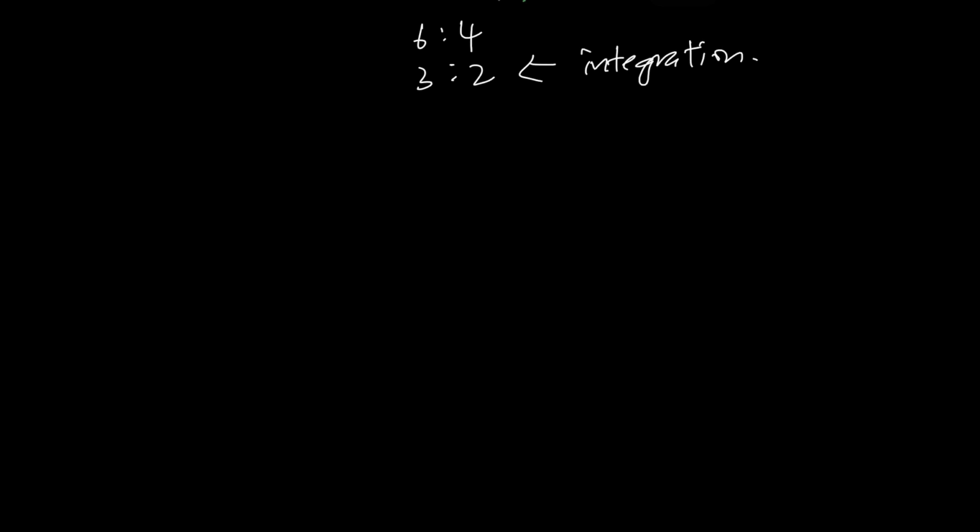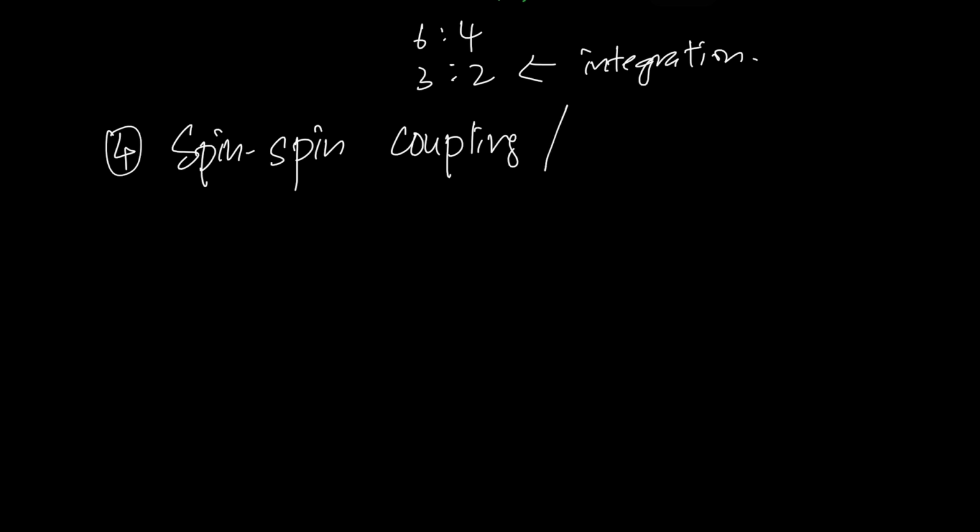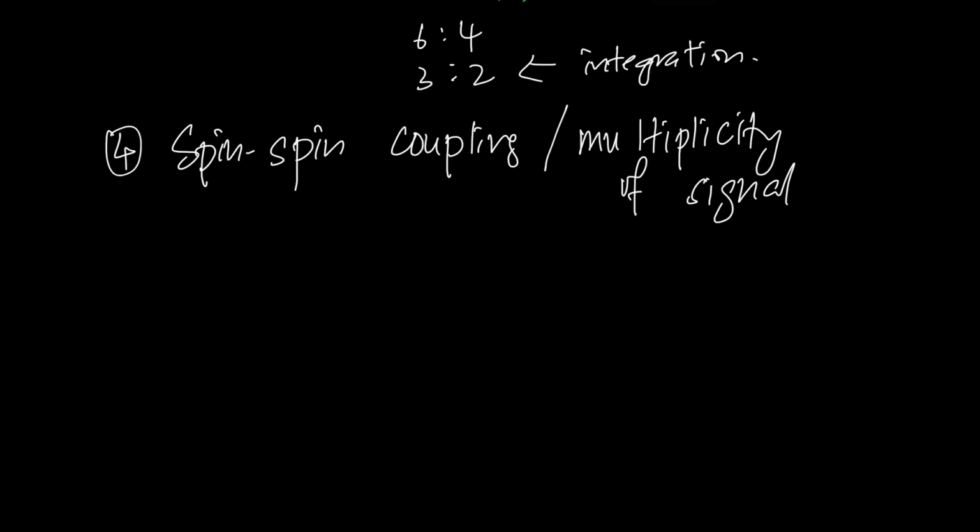And lastly is the spin-spin coupling, or the multiplicity of the signal. You can see that when a signal is with one line, it is known as a singlet.